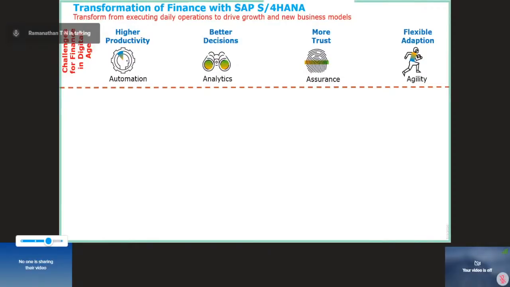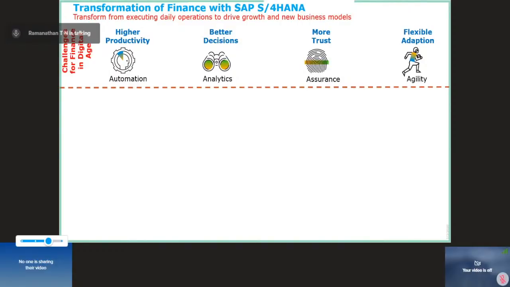Typically, business organizations have challenges and ever-demanding requirements in terms of increasing their productivity, making better decisions, and having reliable systems. While they scale up organically, they have a good system.